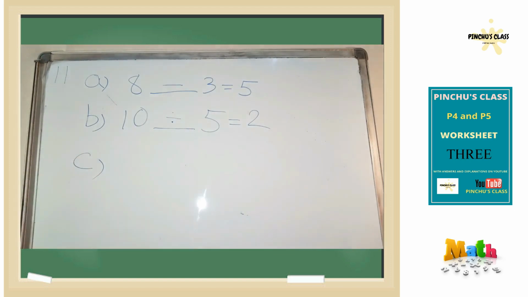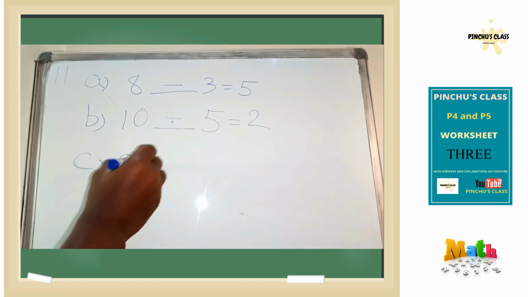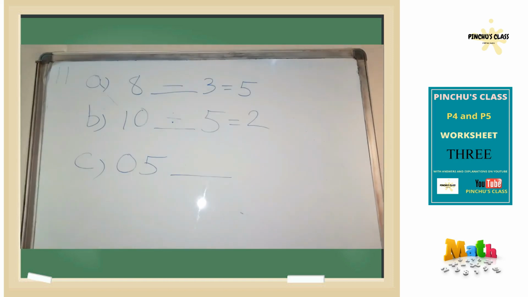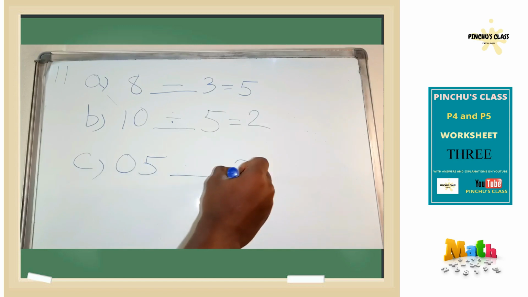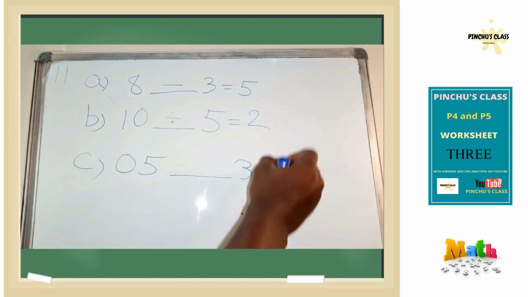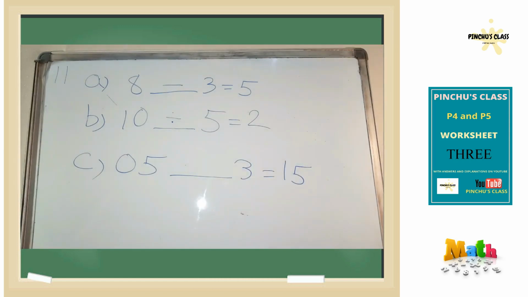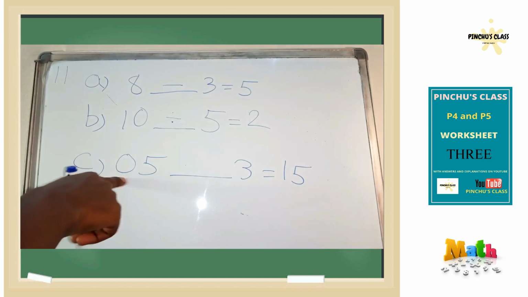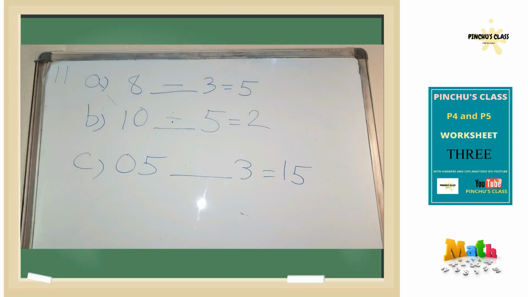Then part C, we have 0.5 dash 3, and this gives us 15. Now when you look at that, this 0 means nothing, so it's not so important. We're going to take 5 and then 3. So what do we do?